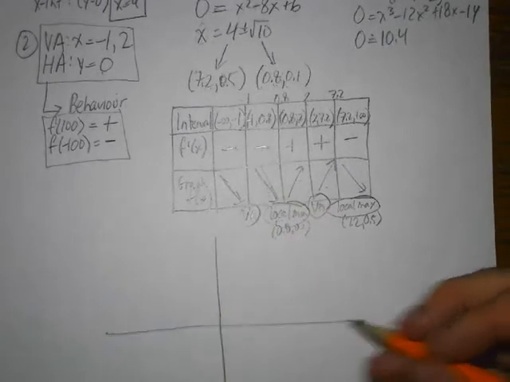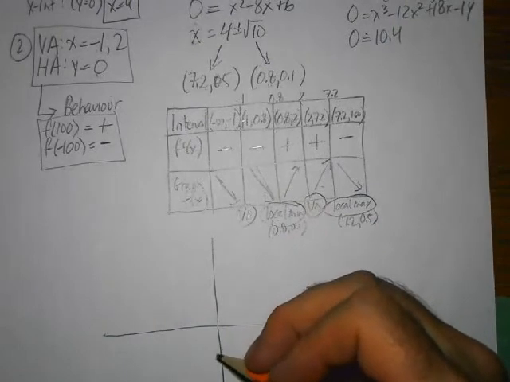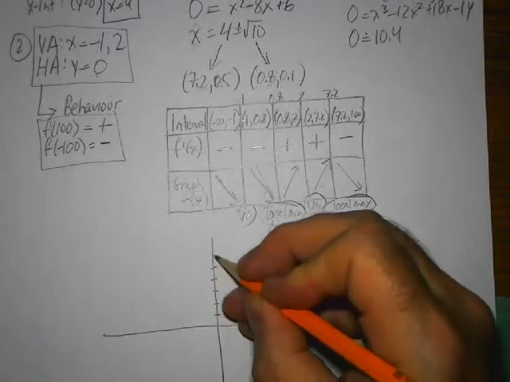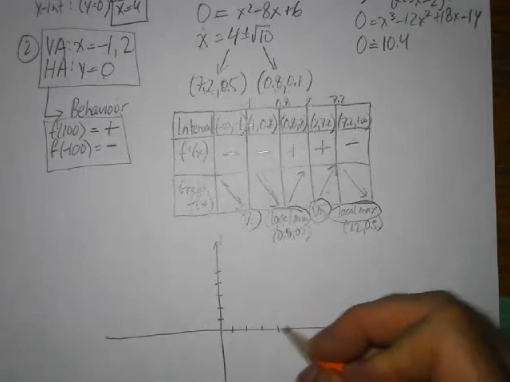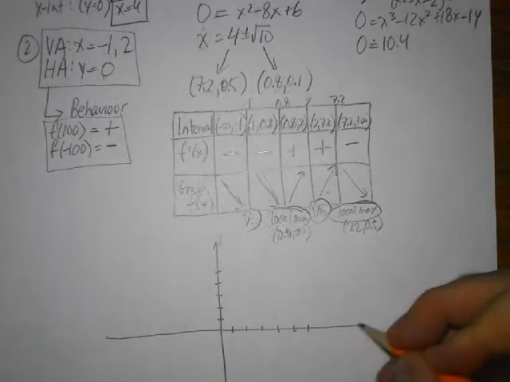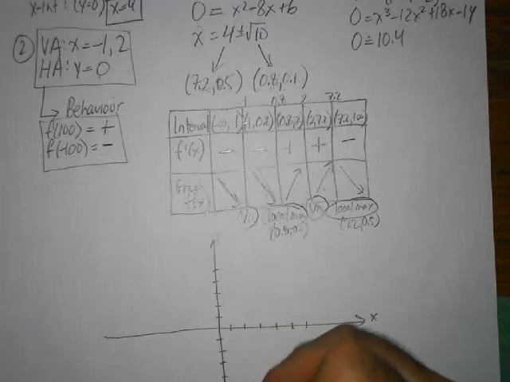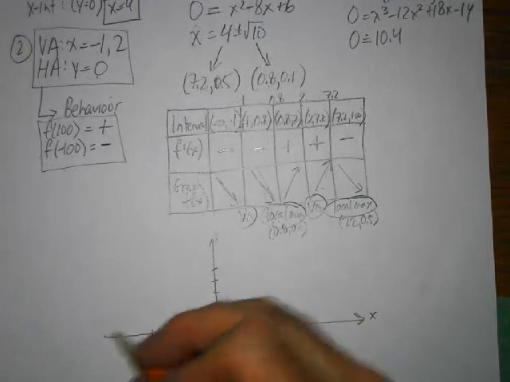Okay, so let's see the scale here. I've got to go 1, 2, 3, 4, 5. Okay, so I start putting in my information.